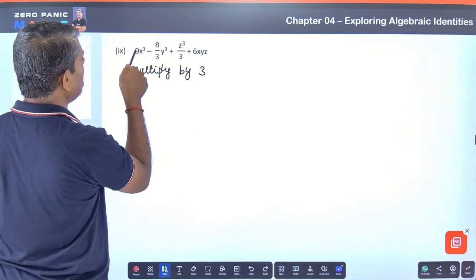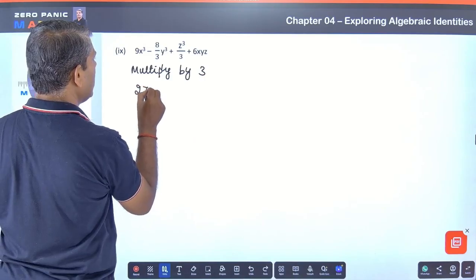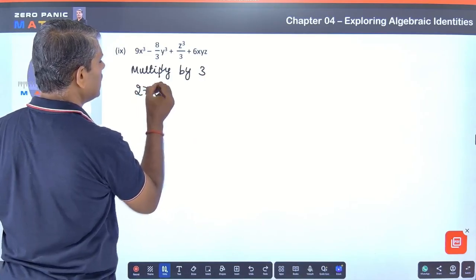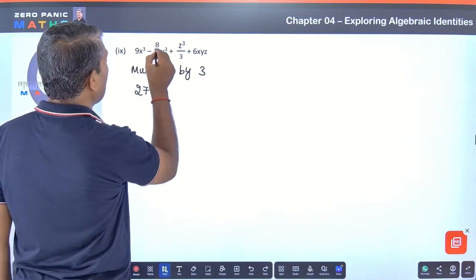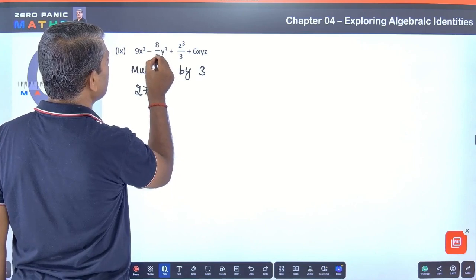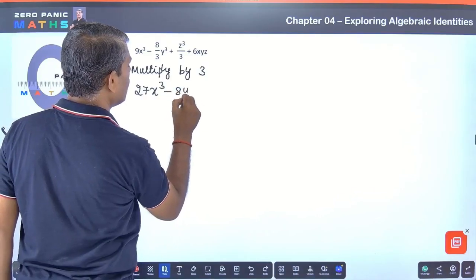Multiplying by 3 to the first term will make it 3 nines are 27x cube. Now you see, 27 is a perfect cube value, and 8 is already a cube value, so if I cancel 3 by multiplying to this, it will be 8y cube.